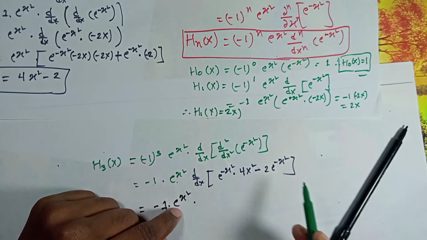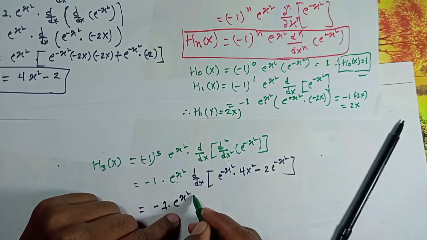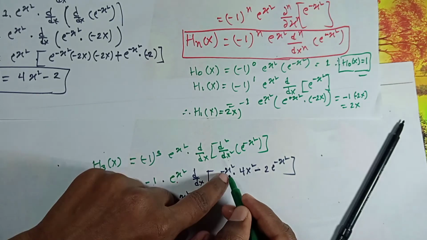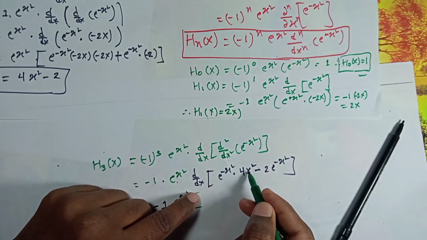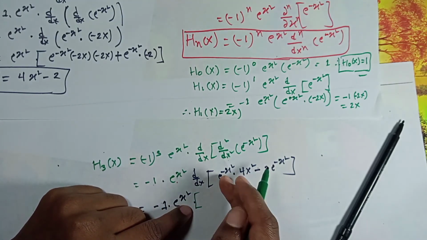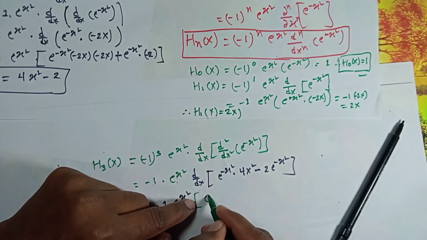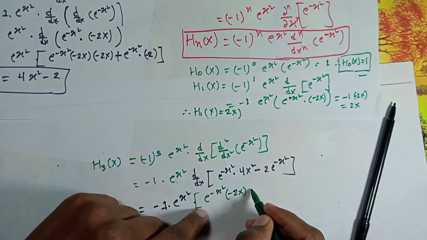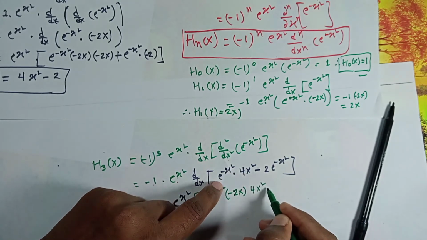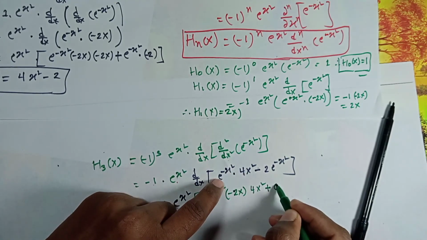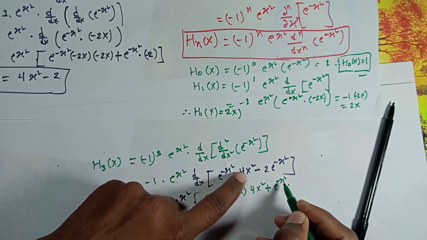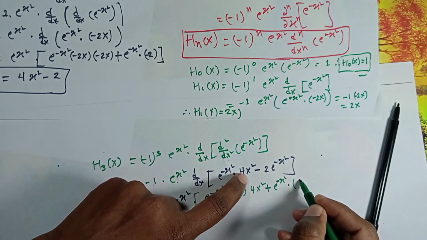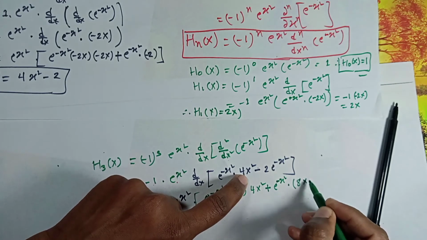This term we can differentiate as e to the power minus x squared into this, that is, if we differentiate this we get e to the power minus x squared into minus twice x into 4x squared plus e to the power minus x squared into, that is 4 into 2, that is 8x.